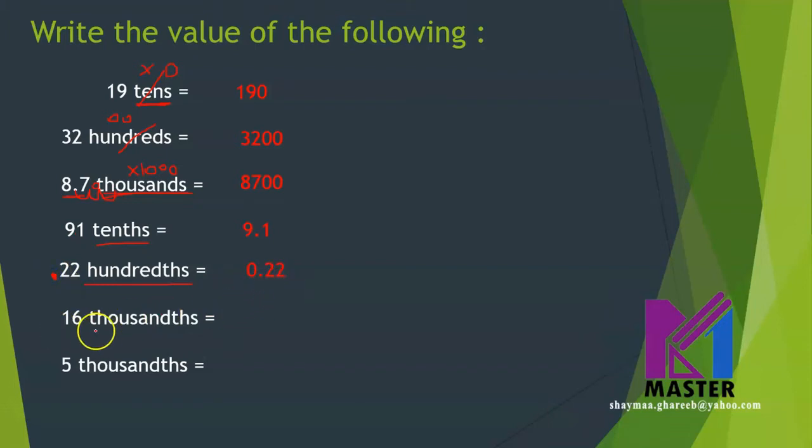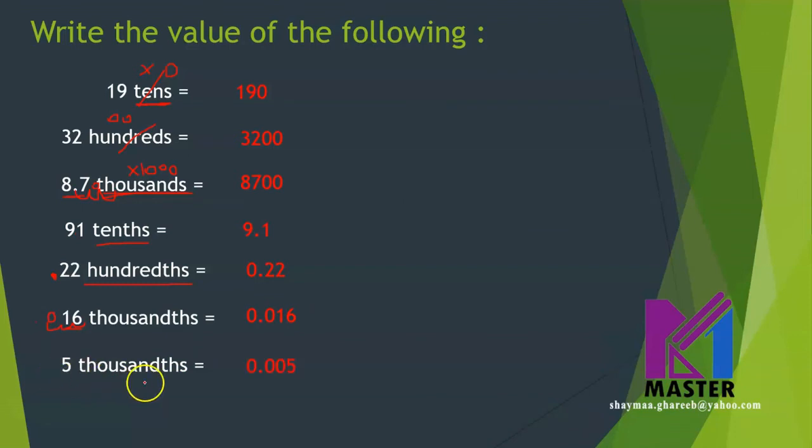16 thousandths. I will divide the 16 by 1000. Which means I will put a decimal point after 3 places. I only have 2, so I will move 1, 2, and the third place I will put 0. So it will be 0.016. 5 thousandths, I will divide by 1000.